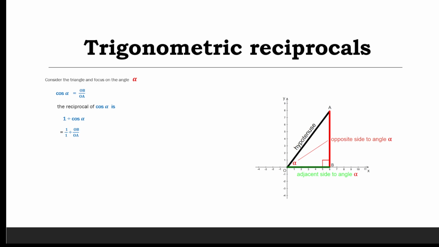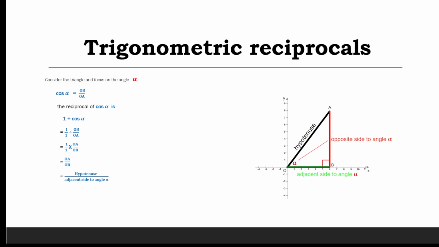Back to our knowledge of fractions, 1 becomes 1 over 1, and cos alpha as defined is OB over OA. We convert the division sign into multiplication, and that yields OA over OB on the right fraction. Finally, our answer is OA over OB.